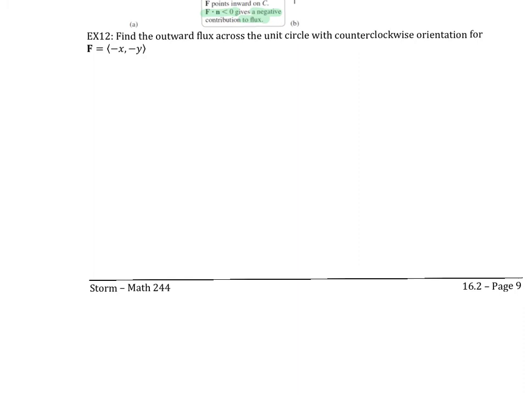In example 12, I kind of skipped and took some examples away. Find the outward flux across the unit circle with counterclockwise orientation. We're given that the vector field is negative x, negative y. So this is the unit circle.